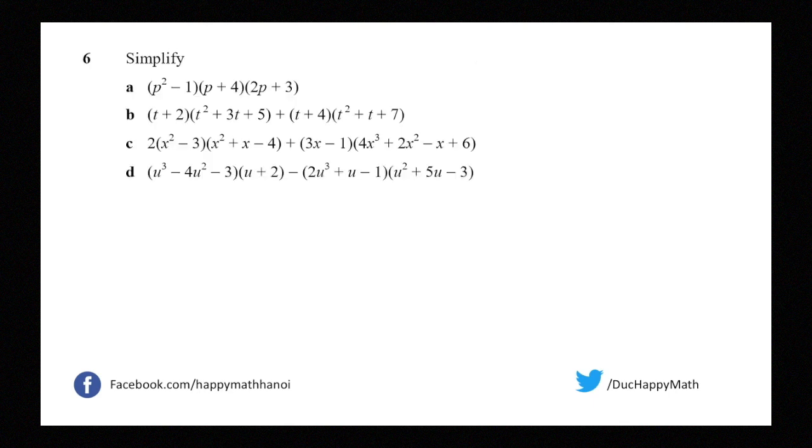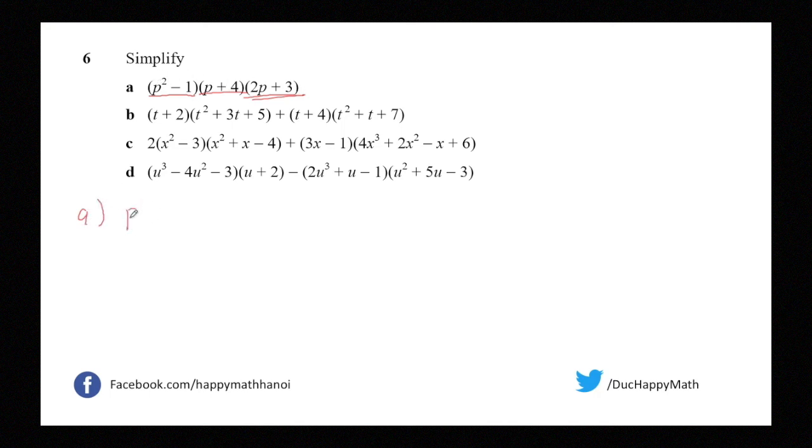Yeah, simplify this one. Maybe it's too long, but I think you can do it. The first one, I want to simplify this case and this case first, and you haven't used the third bracket yet. Let's take the first bracket and the second bracket.